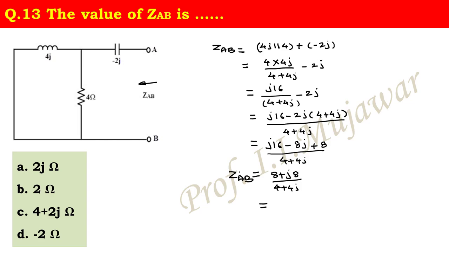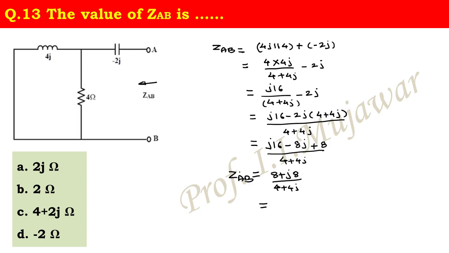Now you have to convert this value. Let us select the complex mode on the calculator. So numerator, put that term in brackets, 8 plus 8i, complete the bracket, divided by denominator bracket 4 plus 4i, complete the bracket.